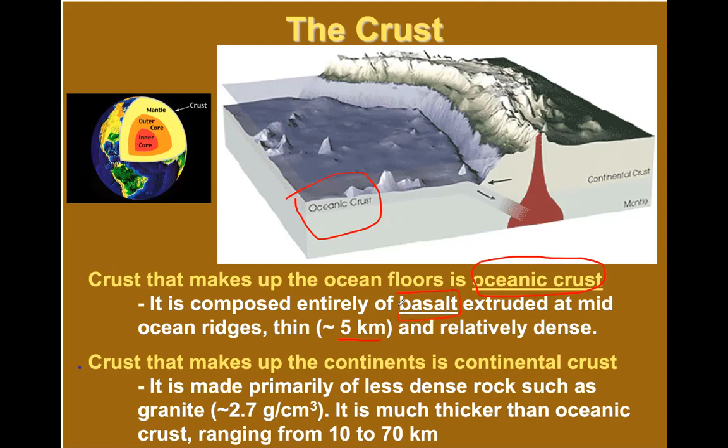This is the rock type which makes the oceanic crust. Basalt is an iron and calcium rich rock material, right? That means minerals like pyroxenes, clinopyroxenes, and plagioclase feldspars are rich in this crustal segment.